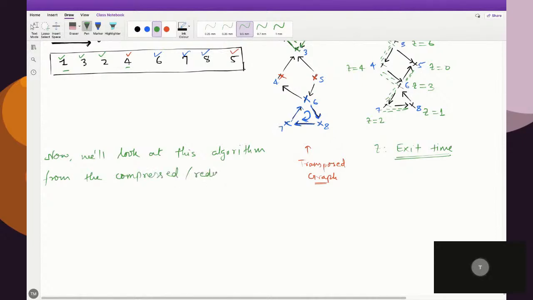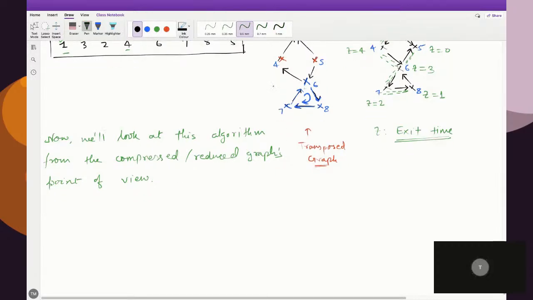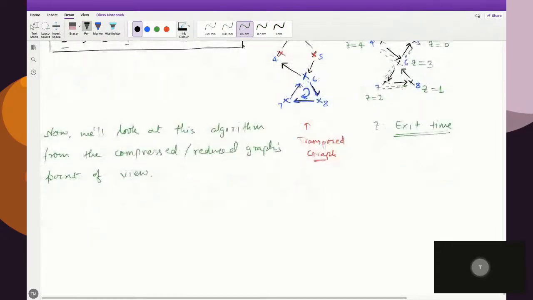Compressed or reduced graphs kind of view. Okay, so for this, let us look at the same thing in this example itself, before we go to look at the general situation.